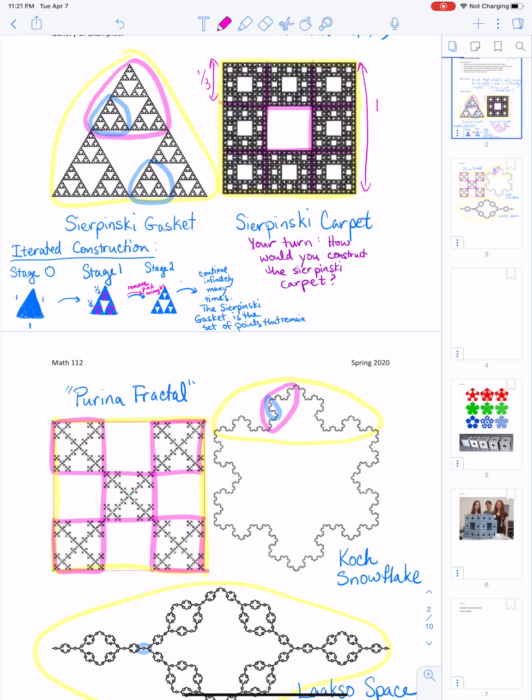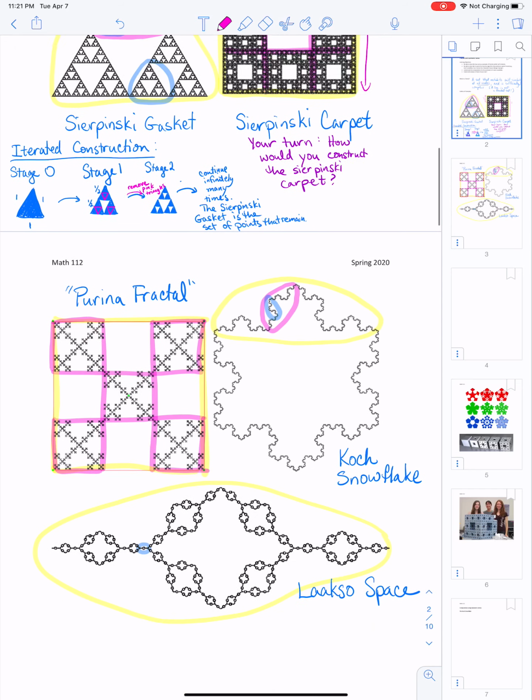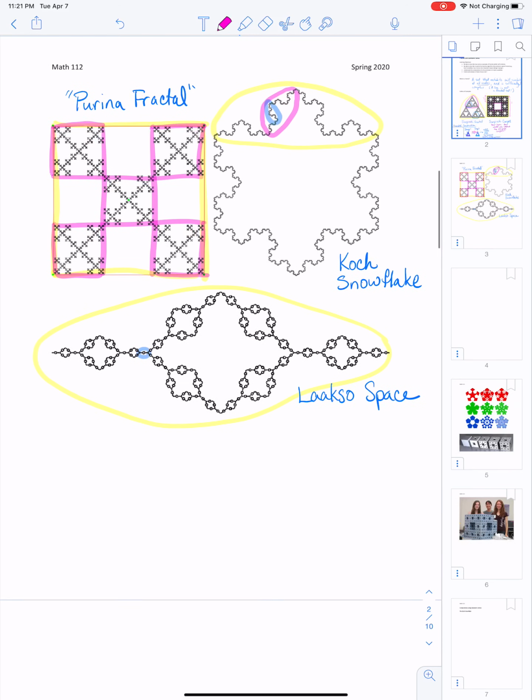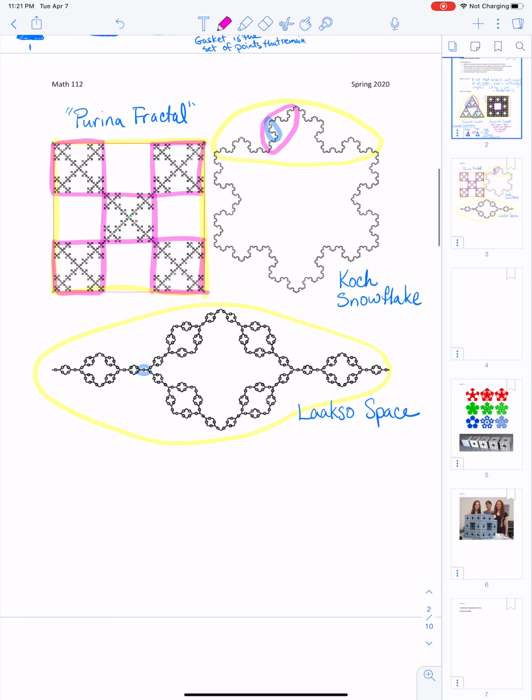You could imagine taking 8 copies that have been shrunk by 1/3 and arranging them around in a square like this, and continuing in that manner. I hope that's clear. Let me describe the Purina fractal, and that might help settle it in if you have other questions about that.